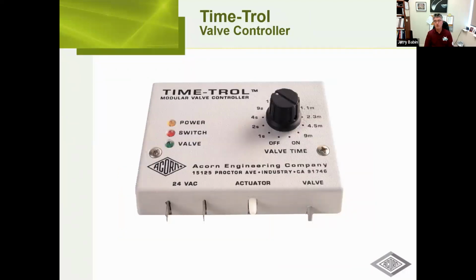We also have Time-Trol. So if you still want to control water usage, but don't need a computer, or it's not that complicated, where you want it to control where a toilet is being used or a shower, this gives you the ability, via a dial switch, to have a valve runtime. There are 9 different settings, anywhere from 1 second up to 9 minutes.